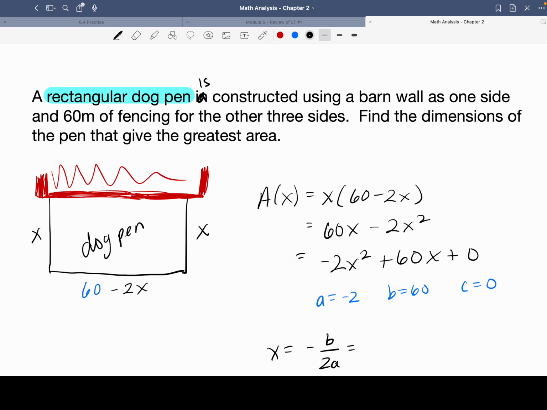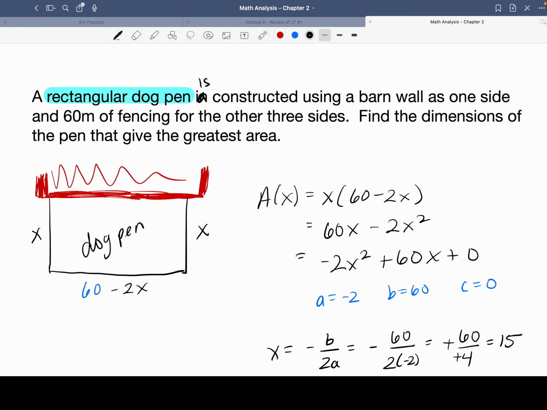And so our b, in this case, is 60. And then it's 2 times -2, which gives us 60 over -4. Gives a positive now, and that gives us 15.